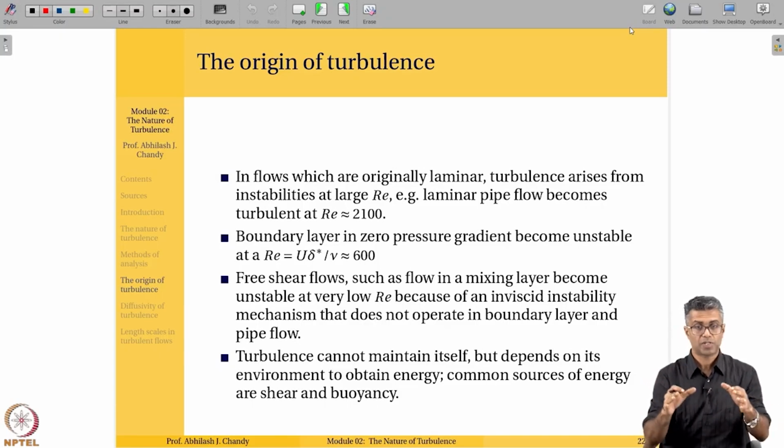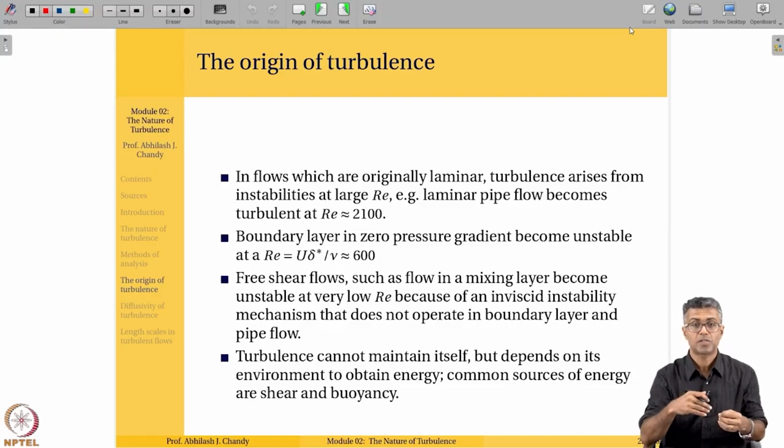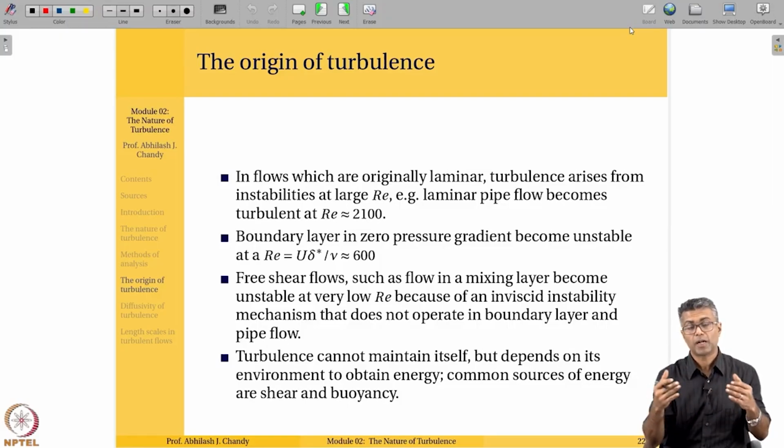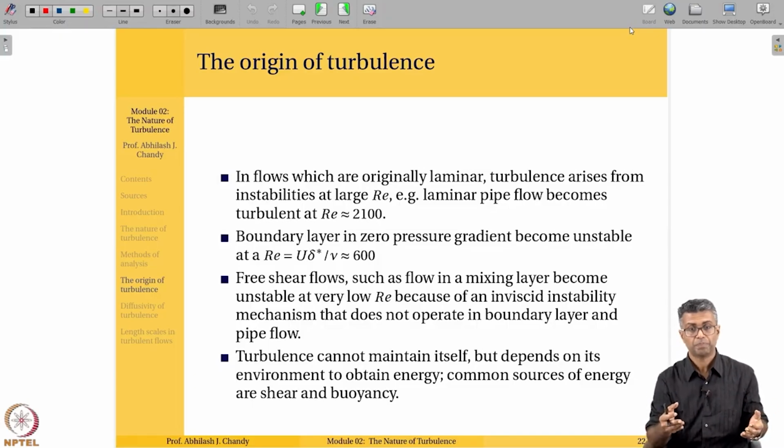So this Reynolds number is approximate. It is dependent on, say for example, the smoothness of the surface of the pipe. The roughness causes the transition to happen sooner. So for a smooth pipe, the Reynolds number is around 2100, where the flow transitions from laminar to turbulent. So that is, we call it the critical Reynolds number, right?